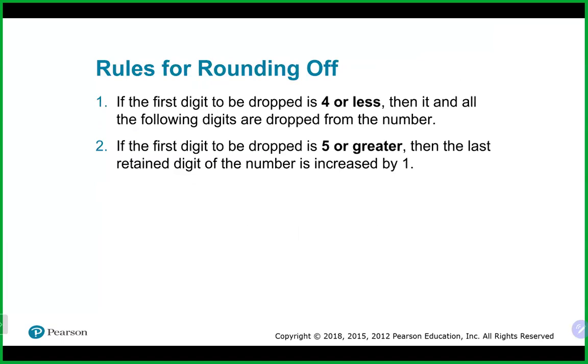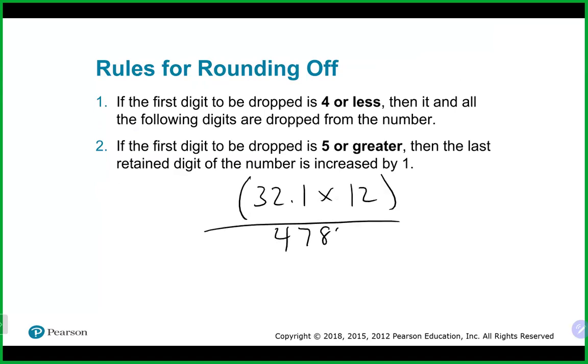So as I mentioned, 4 or less, we typically drop. 5 or more, we round. Also, again, if we're doing multiple things together, so if I was doing this calculation, for example, the math rules would tell us I probably would start with what is in the parentheses first.